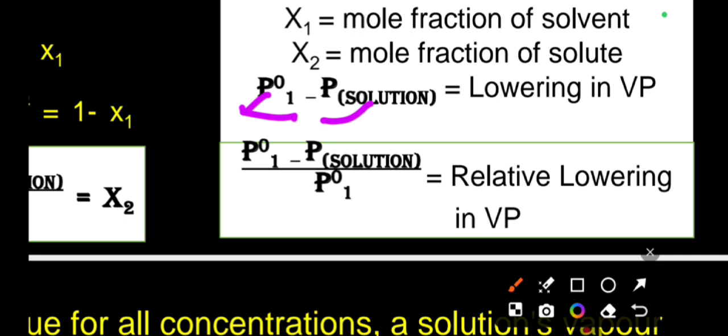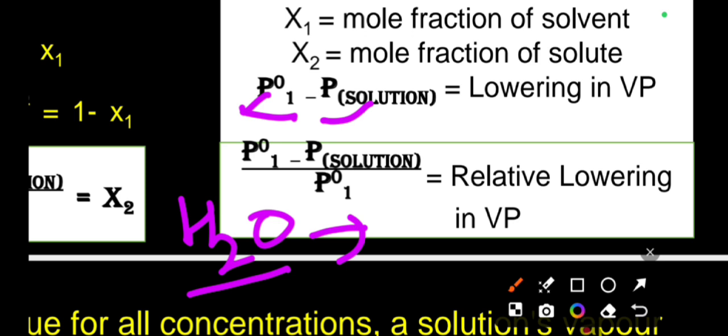P node 1 is the vapor pressure that is exerted by the pure component. Pure component means suppose you have taken water. There is no solute present, then it will exert maximum pressure. Maximum pressure means whatever the total pressure exerted by it, it is only because of water, because it is pure. So it will exert more pressure as compared to P solution. Why?